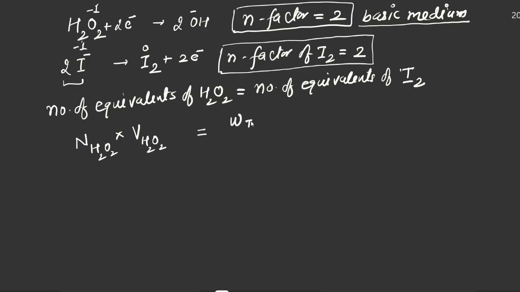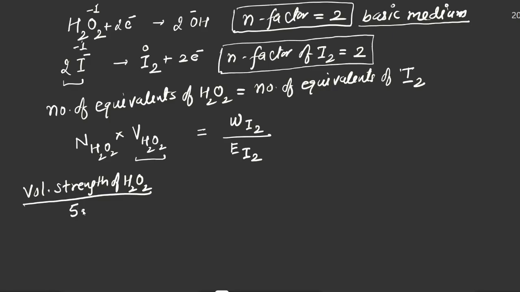So weight of I2 is given. So weight of I2 divided by equivalent weight of I2. But volume is given in ml. Here it should be in liter. If it is given in ml, so see what is the normality of H2O2? That is volume strength of H2O2 divided by 5.6 into volume of H2O2 is 5 ml.